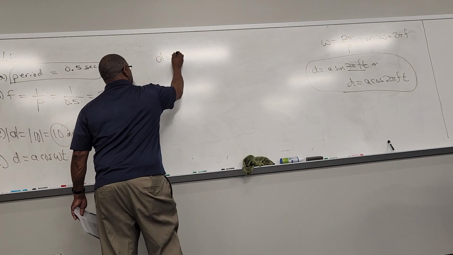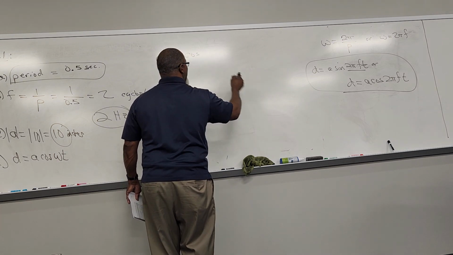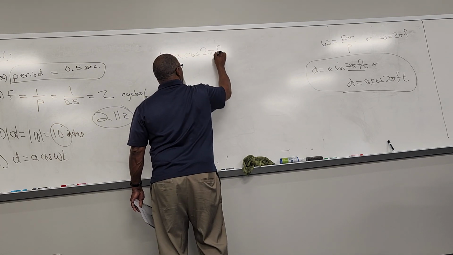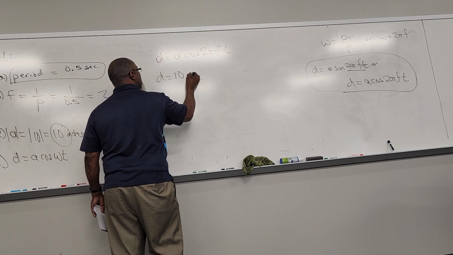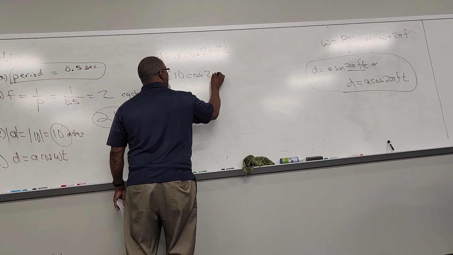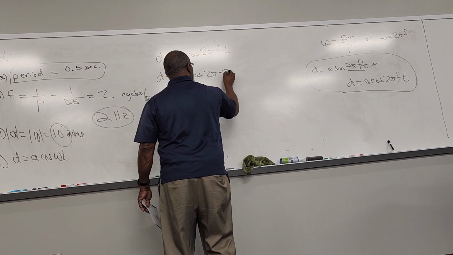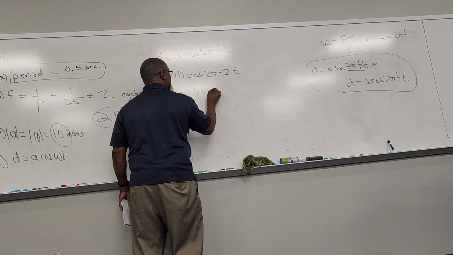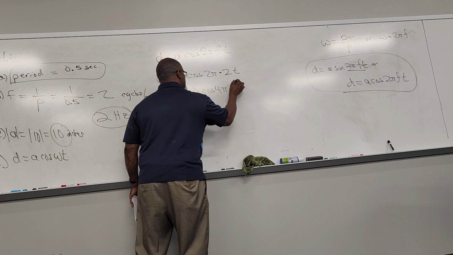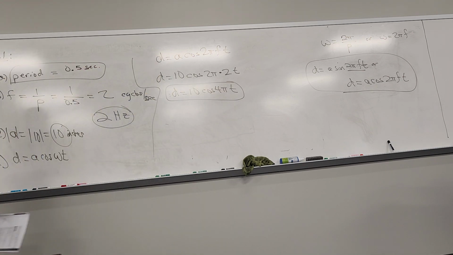So I could rewrite this as D equals A cosine of 2 pi f t. And then plug in what you know. A is 10. Cosine 2 pi. F, we already determined was 2, t. So D equals 10 cosine 4 pi t. That would be the model. That's the answer to D.